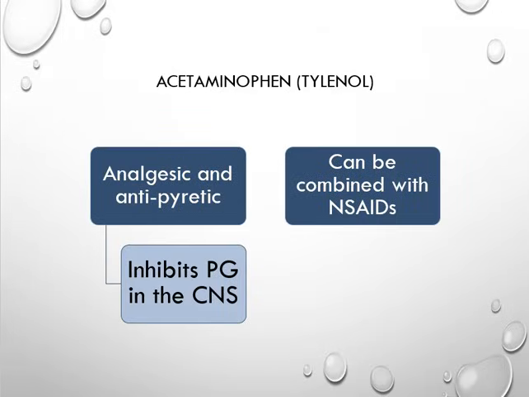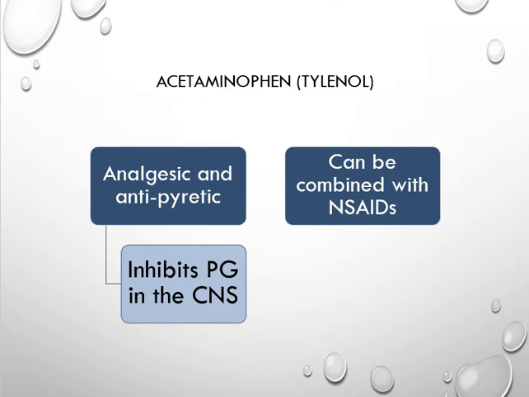Now we're on to acetaminophen or Tylenol. It's got analgesic and antipyretic classification. It inhibits prostaglandins. It works in the CNS, not peripherally, so there's no anti-inflammatory properties with this. And it comes in a lot of combos, Lortab, Vicodin, Percocet.